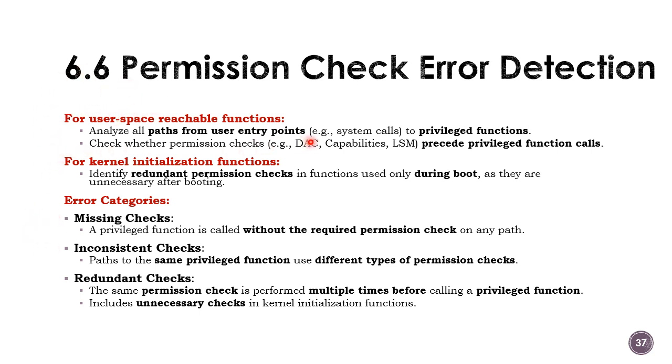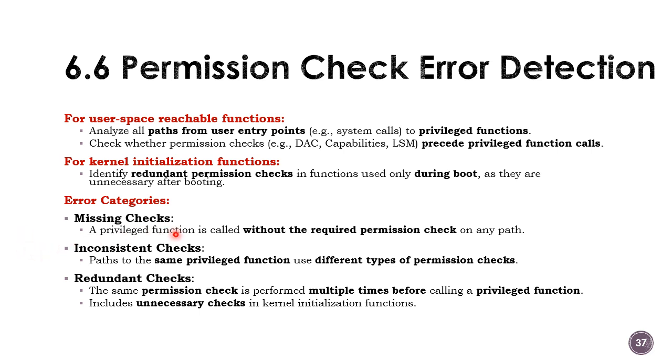And for kernel initialization functions, however, it will identify redundant permission checks, like searching for those functions only invoked during boot, and these will be the redundant checks. And the categories we'll quickly go over. Missing checks means it is without the required permission check when it needs one.